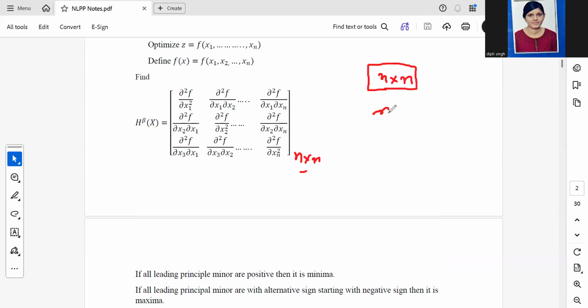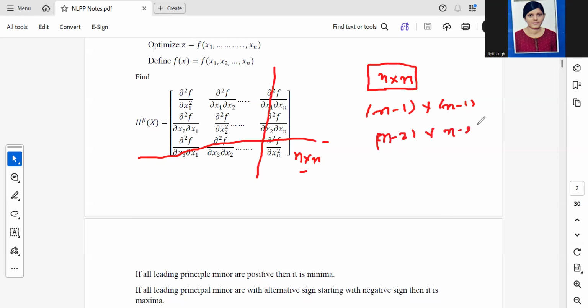The next one will be n minus 1 times n minus 1: just delete the last row and last column, and it converts into n minus 1 times n minus 1. The next will be n minus 2 times n minus 2, and likewise up to 1 times 1.